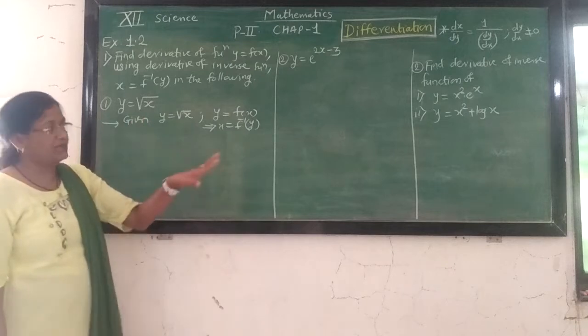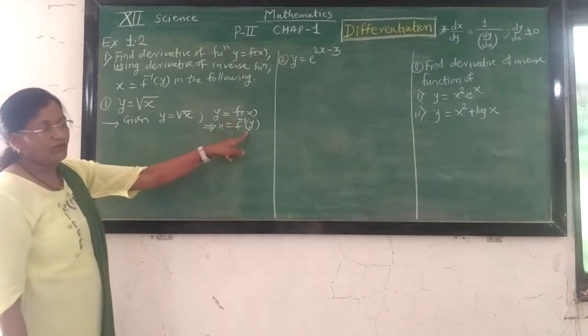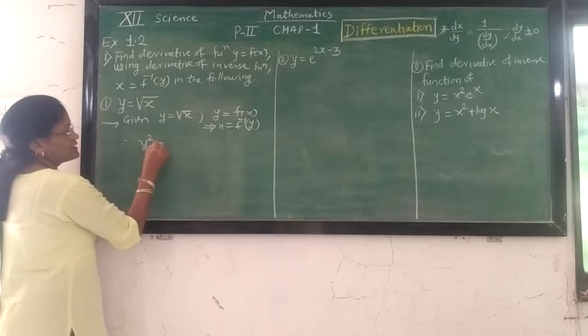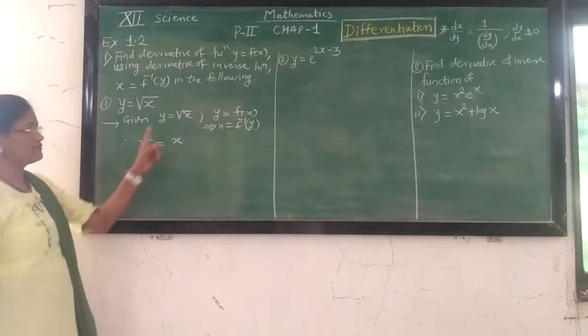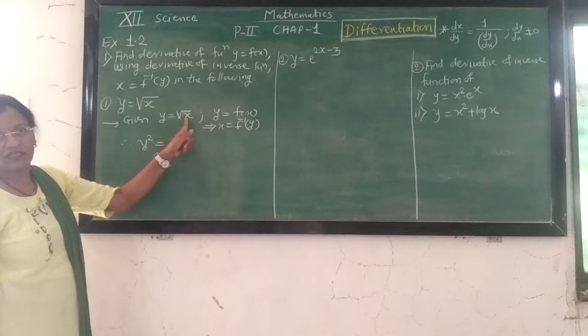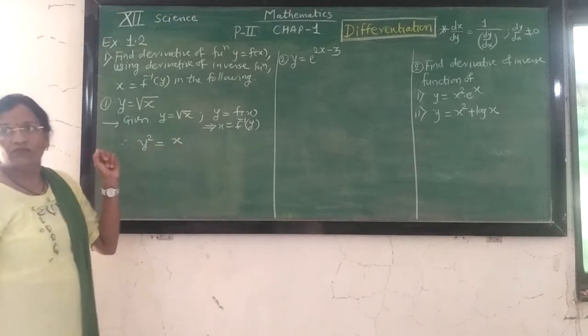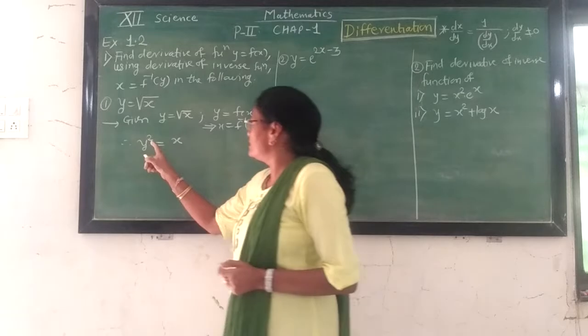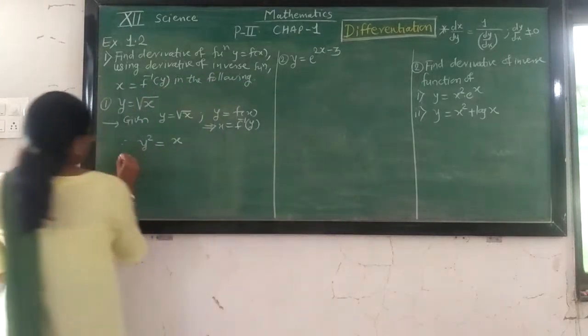So we have to express x in terms of y. So try to find the value of x. What do we get here? y squared is equal to x, squaring on both sides, so x is free on the other side. Means x is equal to y squared.